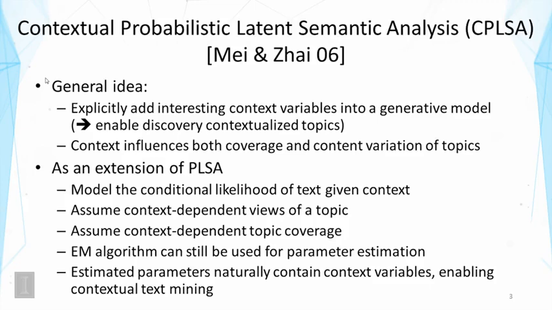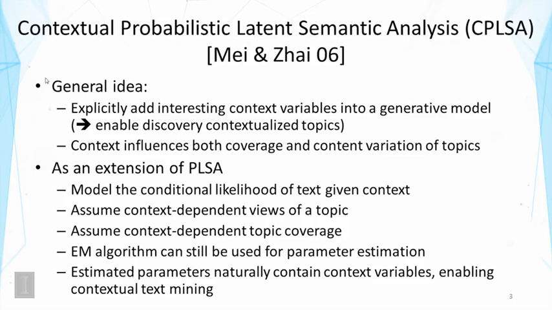The other is that we assume the topic coverage also depends on the context. And that means depending on the time or location, we might cover topics differently. And then again, this dependency would allow us to capture the association of topics with specific context. We can still use the EM algorithm to solve the problem of parameter estimation.